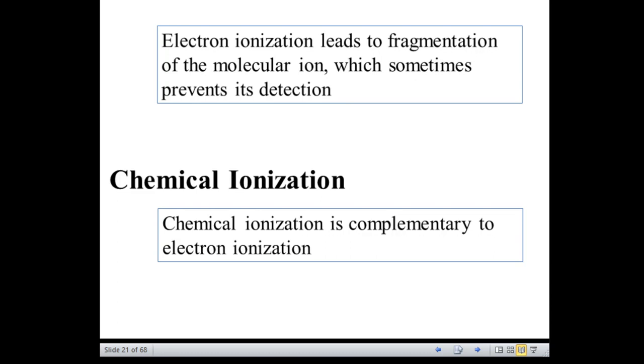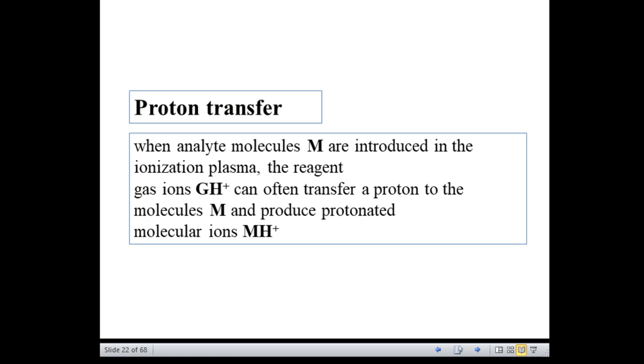These ion-molecule collisions will be induced in a definite part of the source, and in order to do so, the local pressure has to be sufficient to allow for frequent collisions. So among a wide variety of possible ionization reactions, the most common reaction is called the proton transfer reaction.